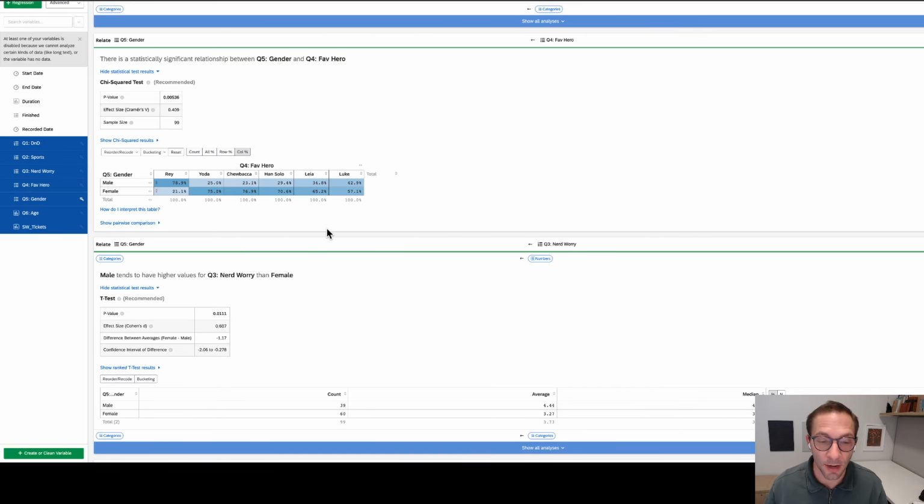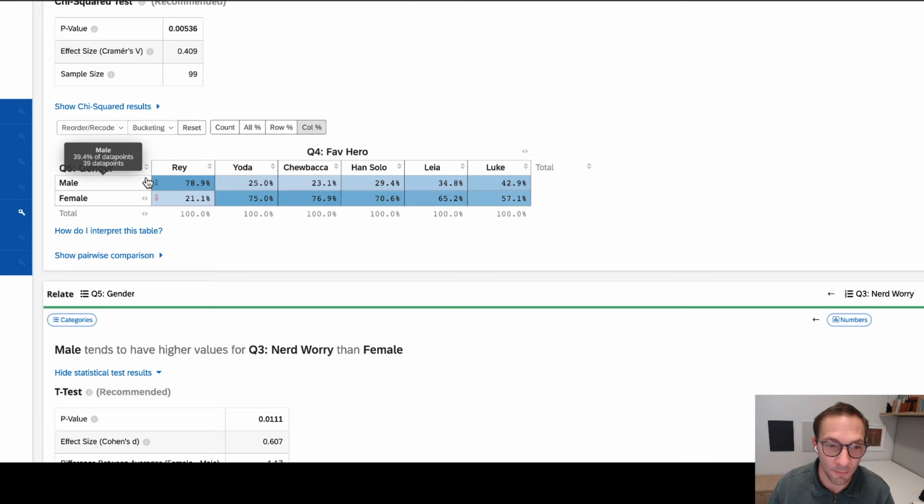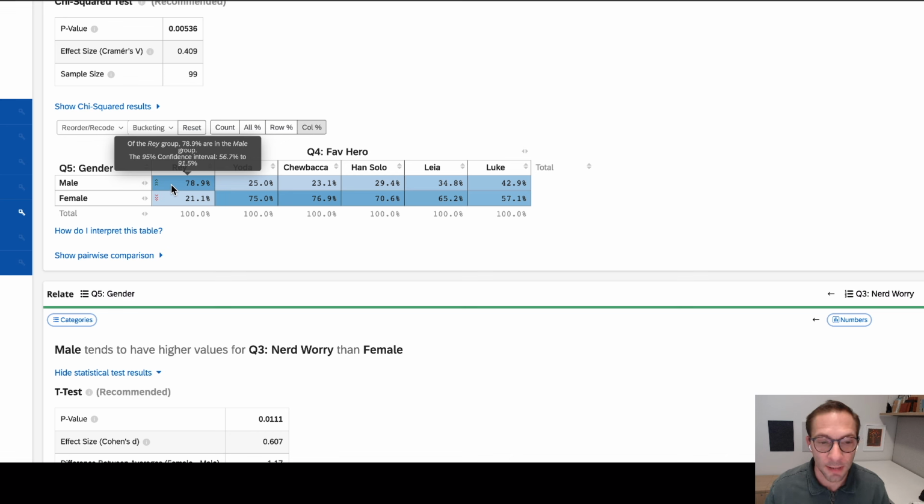Now with chi-squared, we're looking for arrows. So these little arrows here, we see them for Ray. We don't see them anywhere else. This arrow here, these green arrows pointing up, tell us that this cell is significantly different than what we would expect.